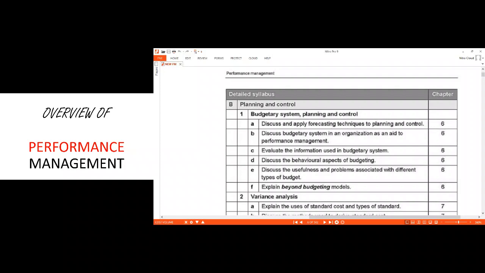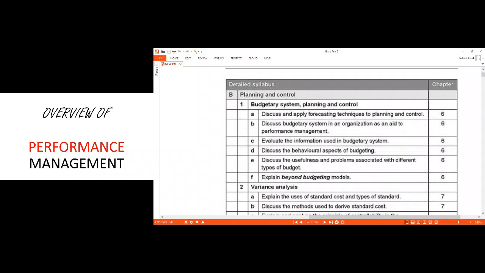Then we'll move on to the usefulness and problems associated with different types of budgets. Different types of budgets, how can we apply them, where and when can we use them? We are going to learn. Then we are going to explain even beyond budgeting, like budgetary control.